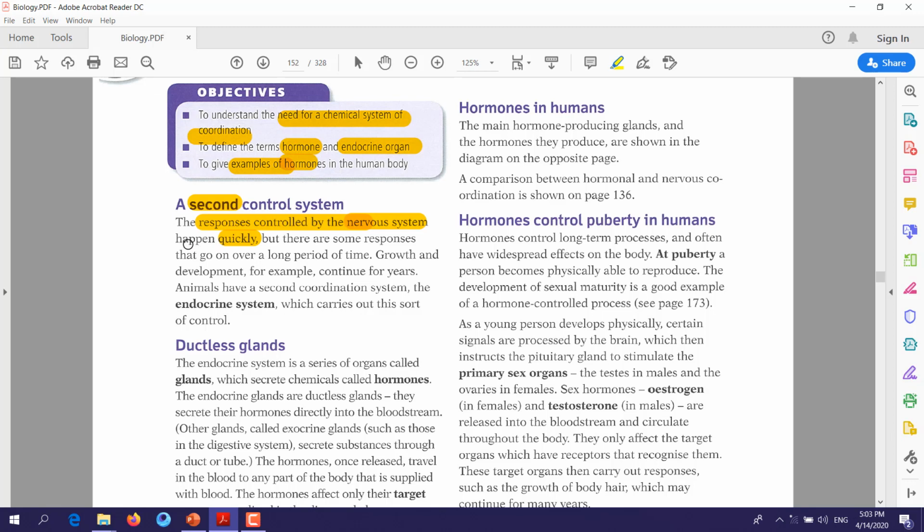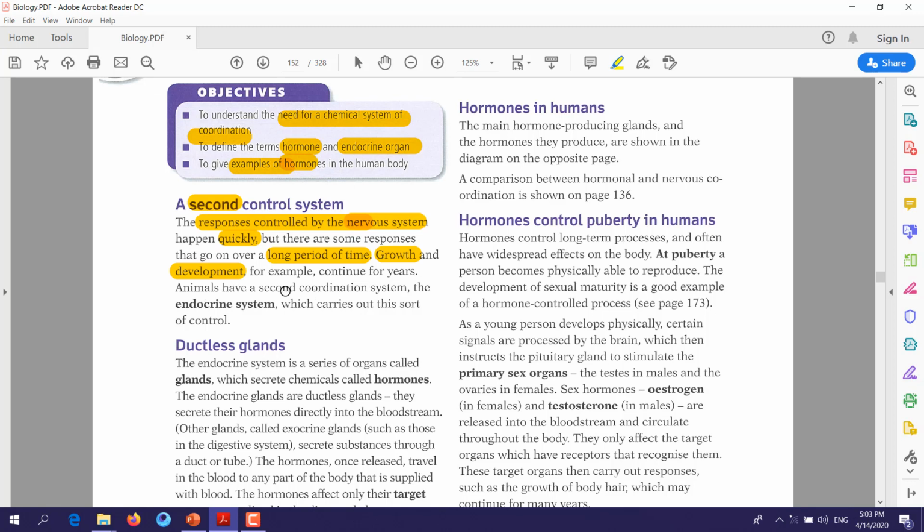In the nervous system, the responses happen quickly, but there are some responses that go on over a long period of time. For example, growth and development. These two processes take a long time. It takes a couple of years.